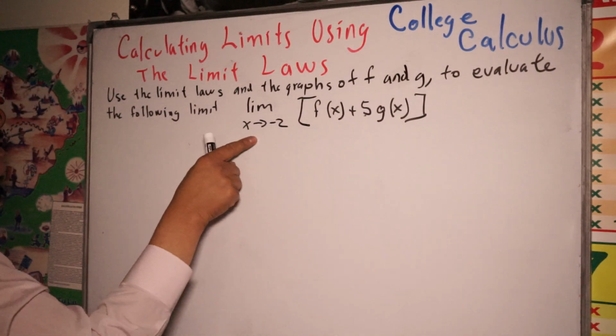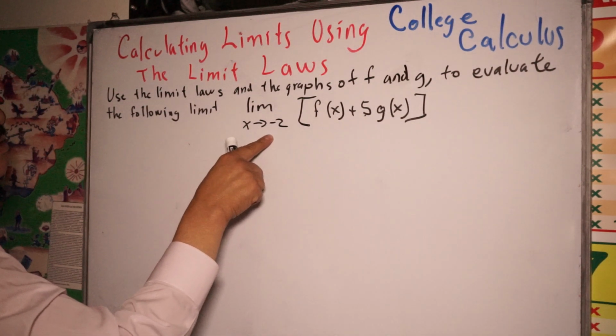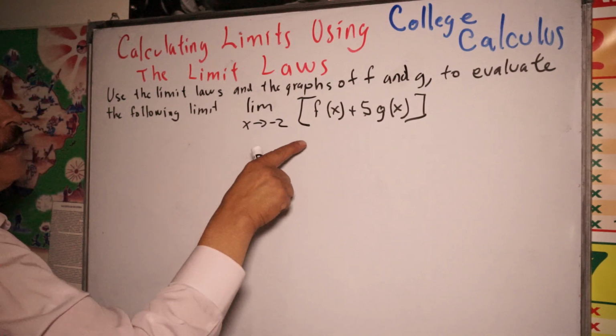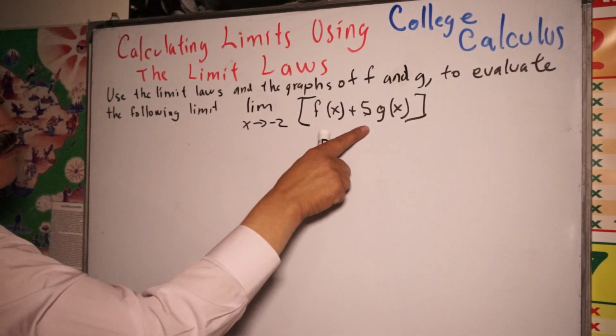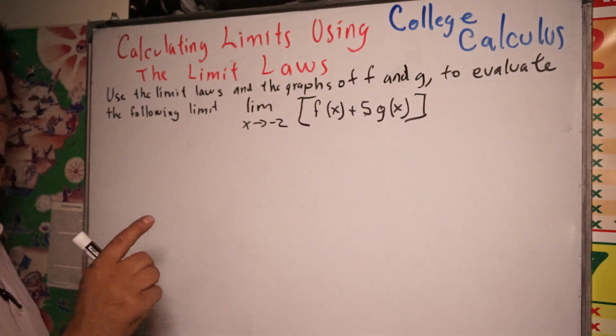The limit as x approaches -2 of f of x plus 5 times g of x. Okay, this is our problem for today.